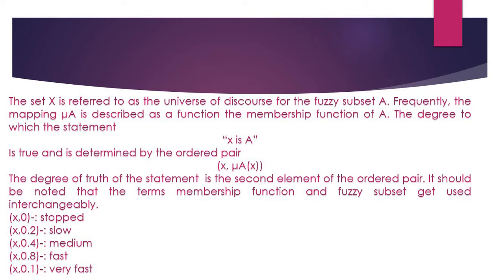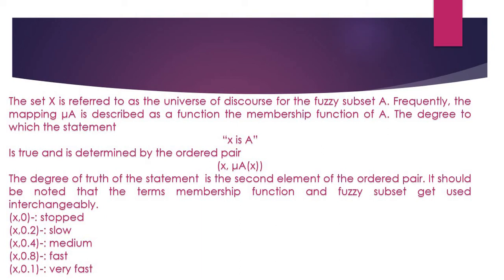The value 0 is used to represent complete non-membership. The value 1 is used to represent complete membership. And values in between are used to represent intermediate degrees of membership. This is referred to as the universe of discourse for the fuzzy subset A.